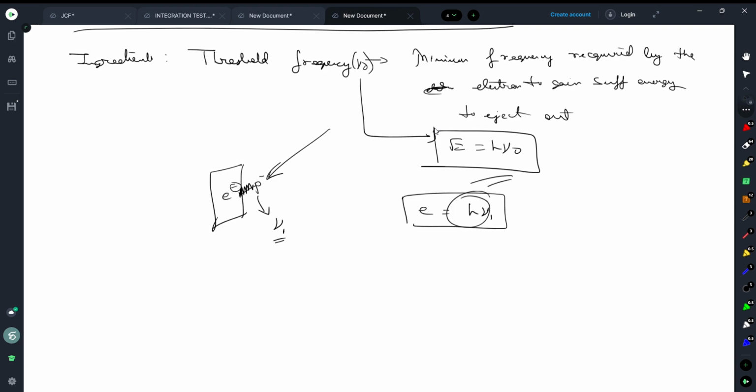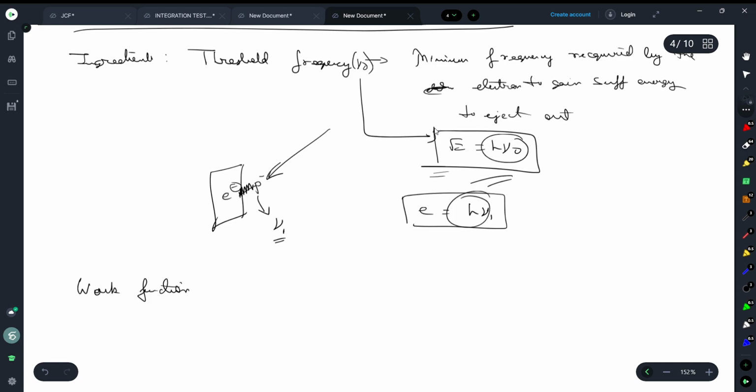Is it clear? The concept of threshold frequency is clear. Now, this threshold frequency provides the electron with the energy that helps it leave the metal surface, to overcome its binding energy and get ejected from the metal plate. This energy is called the work function, given as psi naught.